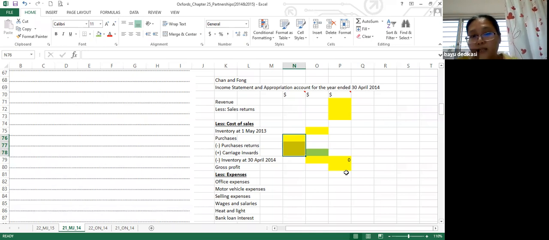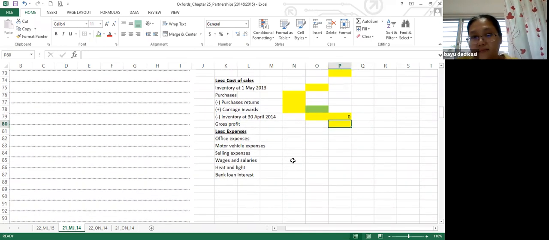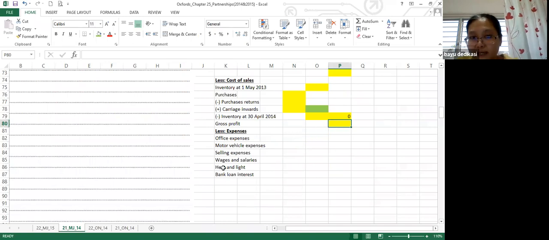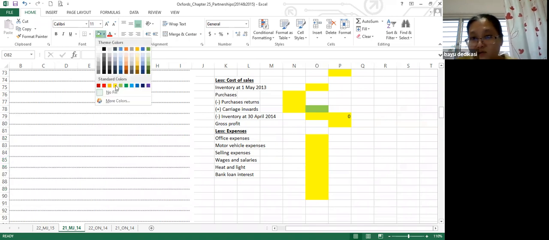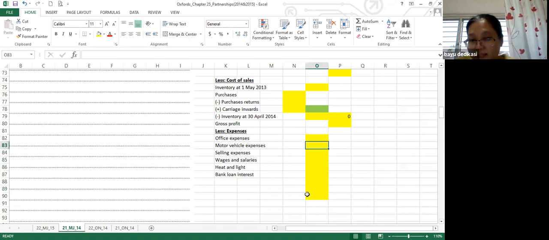Okay, now next we come to the expenses. I didn't put anything into the first column already, because my gross profit is in here, and I don't need to put anything into here, because this is all the same category, all under expenses. So all my amounts I will put into here, for individual expenses.